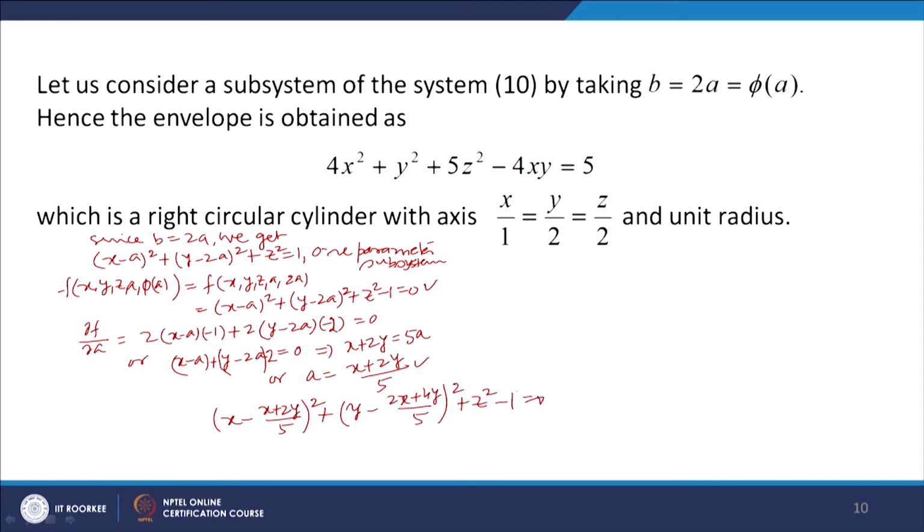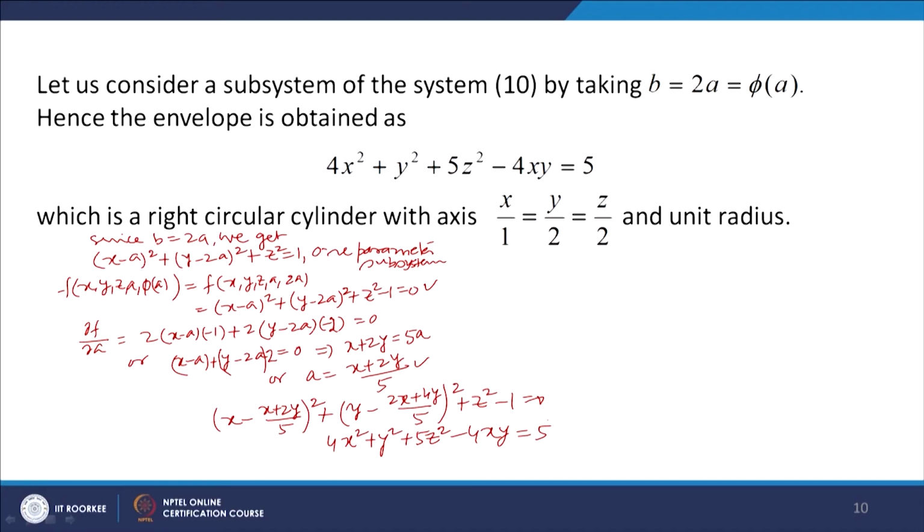And when we simplify, we will get 4x square plus y square plus 5z square minus 4xy equal to 5. We know that it represents a right circular cylinder whose axis is given by x over 1 equal to y over 2 equal to z over 2, and its radius is unity.